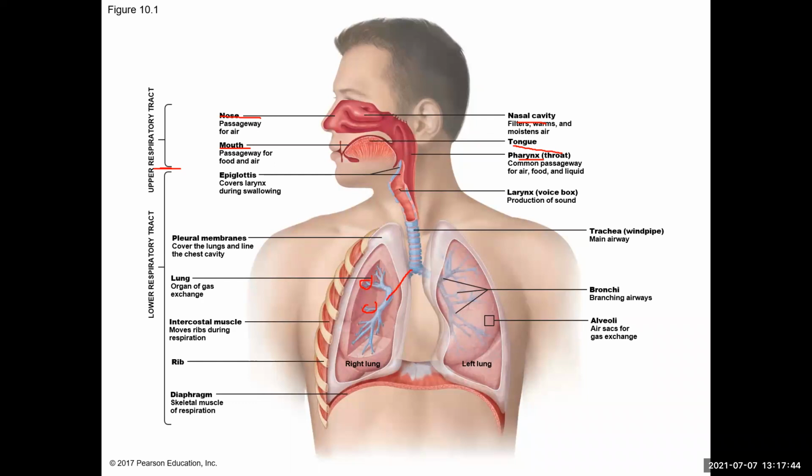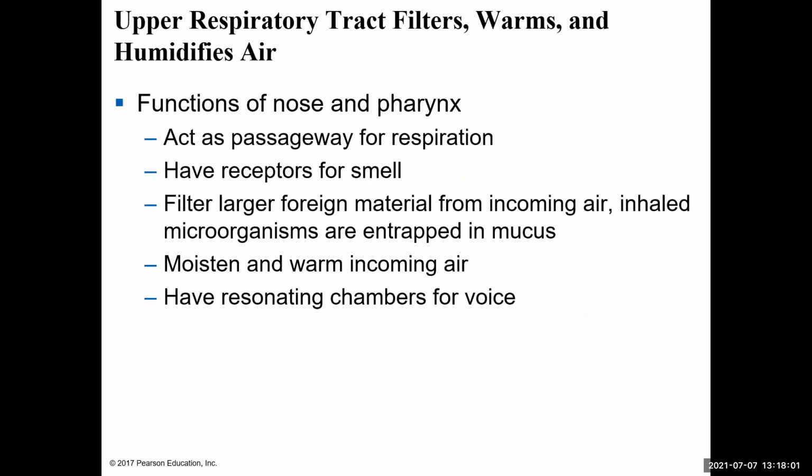Okay. And so what we're going to do now is talk about each of these two different tracts, the upper respiratory tract and the lower respiratory tract, individually, and talk about each of the parts that make up each tract. So the upper respiratory tract is responsible for filtering the air as it enters the body.